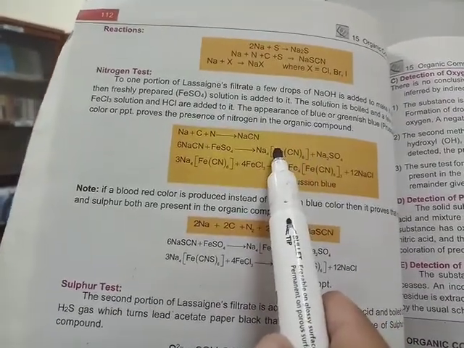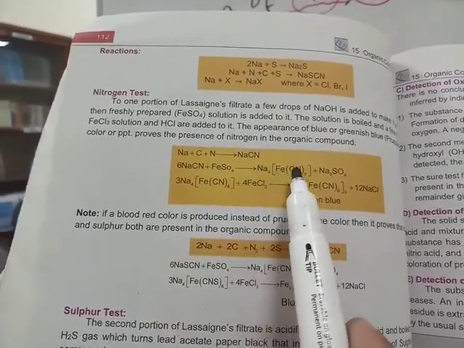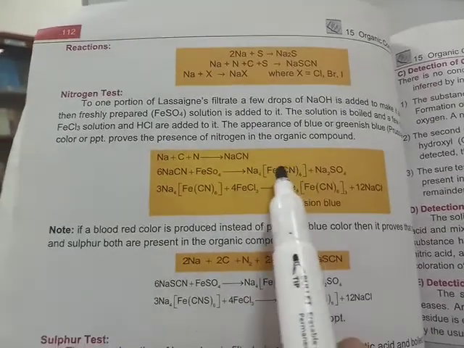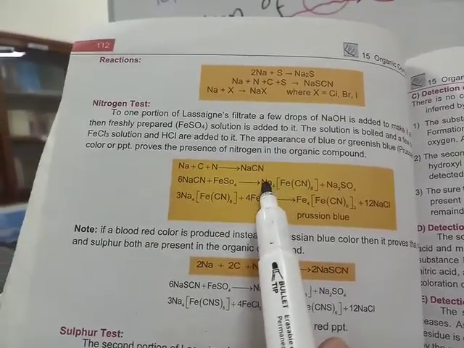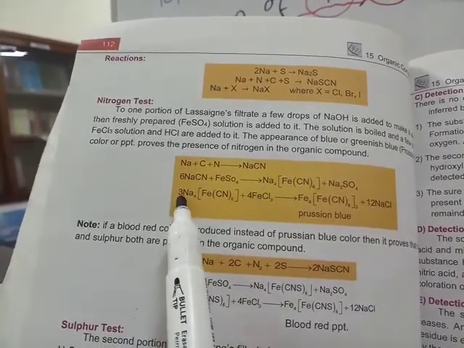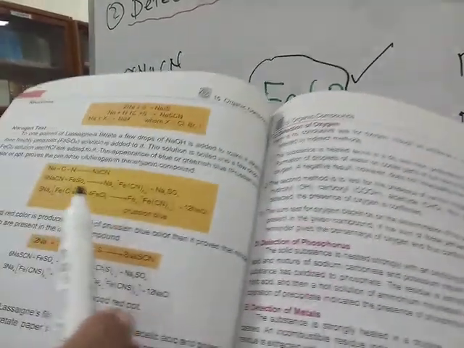So it produces sodium hexacyanoferrate, Na4[Fe(CN)6]. This complex is produced. Then this complex is allowed to react with ferric chloride in an acidic medium, so acid was added.